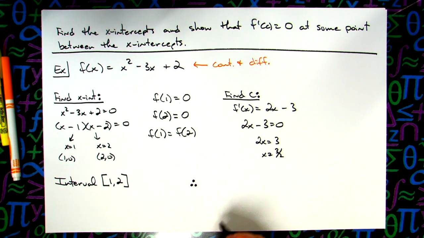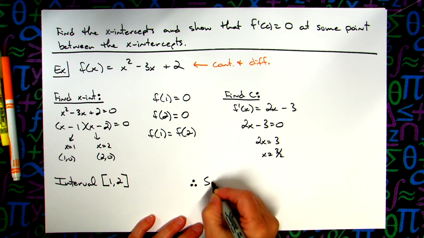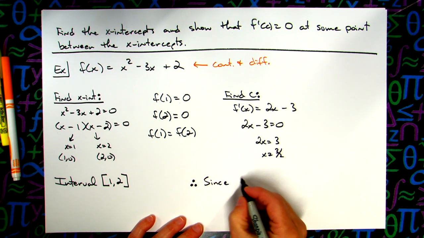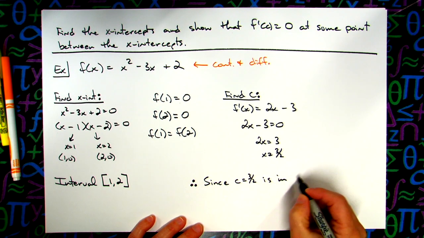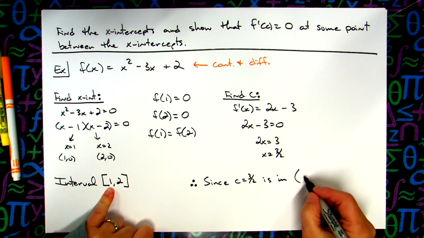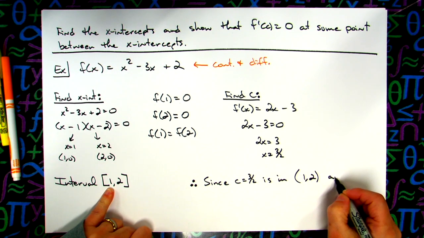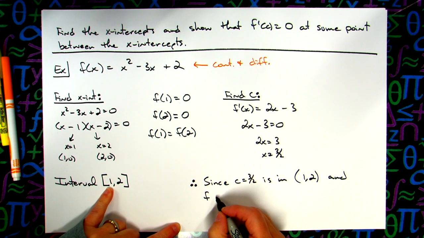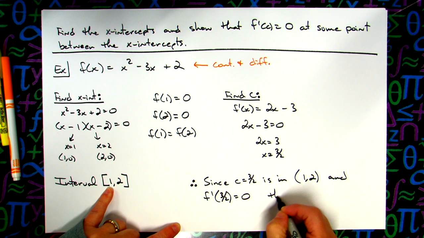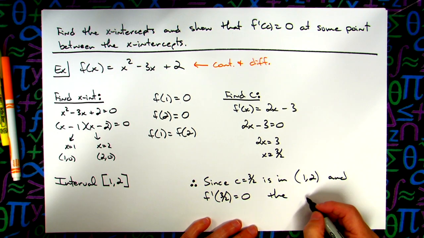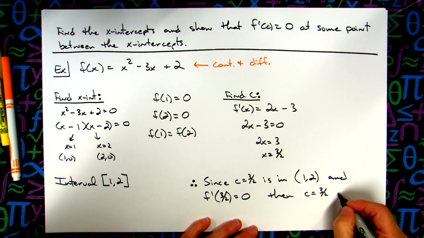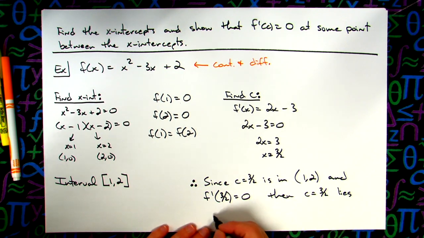Therefore, since c equals 3 halves is in the open interval from 1 to 2, and f prime of 3 halves equals 0, then, because this one was find it in between the x-intercepts, c equals 3 halves lies in between the x-intercepts.